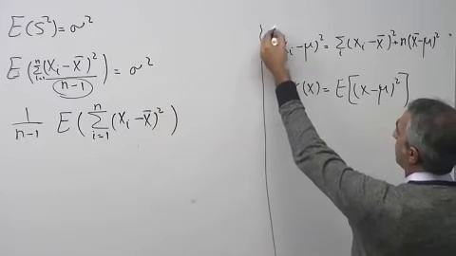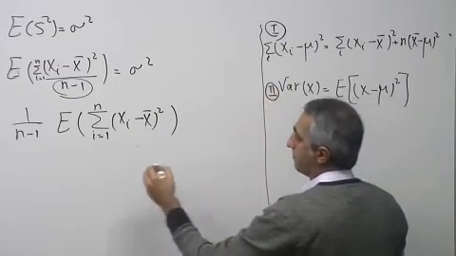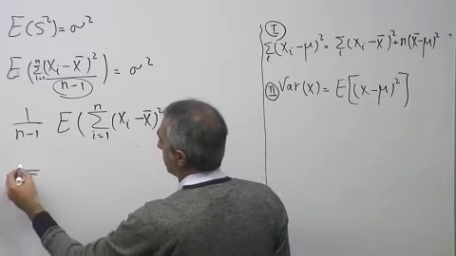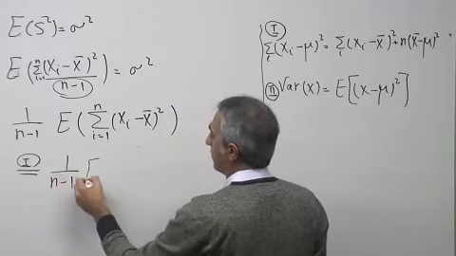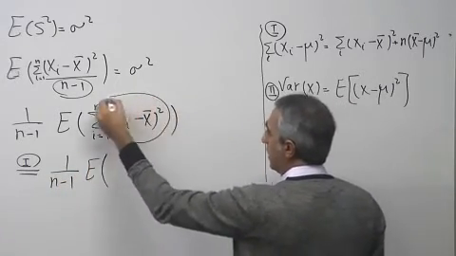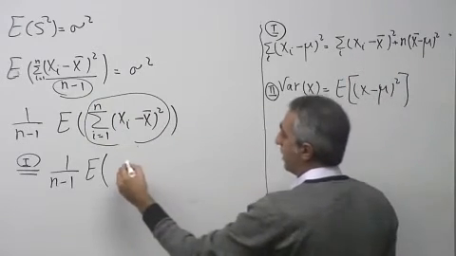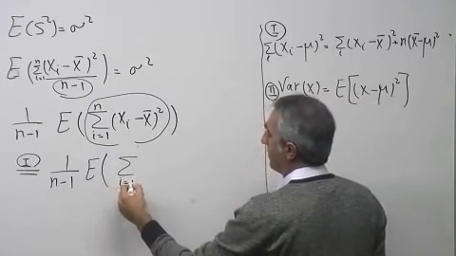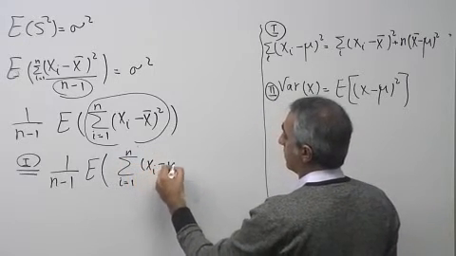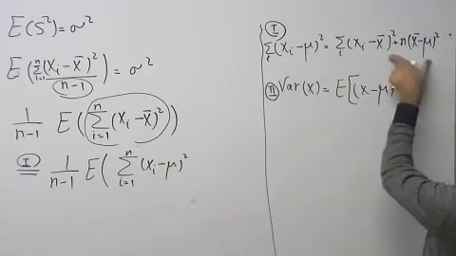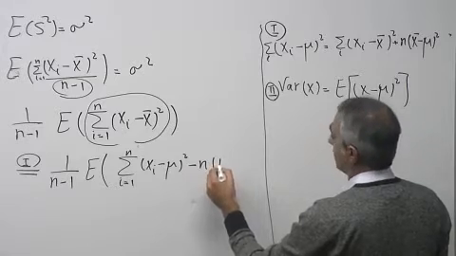Let's call this number 1, this number 2. Based on number 1, we have this expected value, which is right here, this quantity is the same as the difference of these two quantities. Is it x bar minus mu?